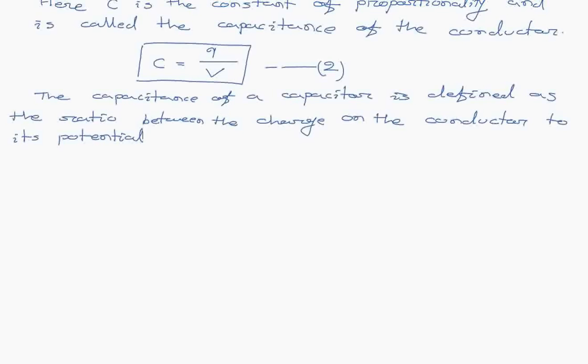So this is one definition, or we can also define it in another way. For example, in equation 2, if V is equal to 1, then C is equal to Q. So the capacity of a capacitor is also defined as the charge required to raise it through a unit potential.